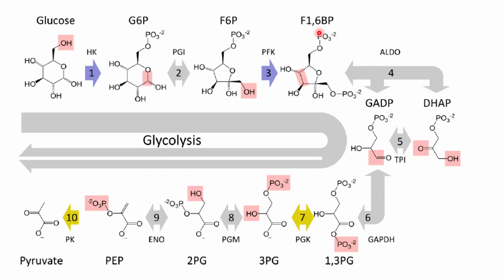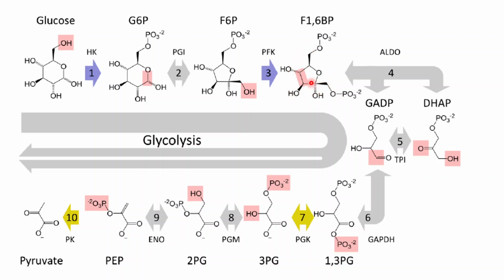Then the next reaction is the conversion of this fructose 1,6 bisphosphate or fructose 1,6 biphosphate into glyceraldehyde 3 phosphate and dihydroxyacetone phosphate. So if you see this molecule, this is a 6 carbon molecule.